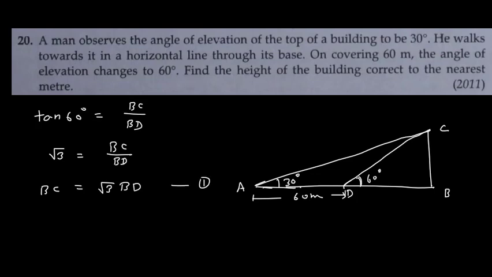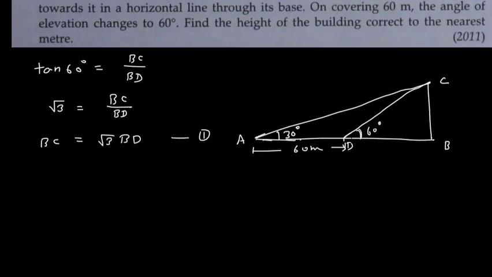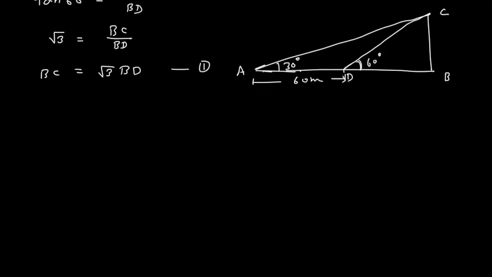Next, I use tan 30 degree. When I apply tan 30 degree, I get BC upon AD plus BD. Again I get an opportunity to express BC in terms of AD and BD.